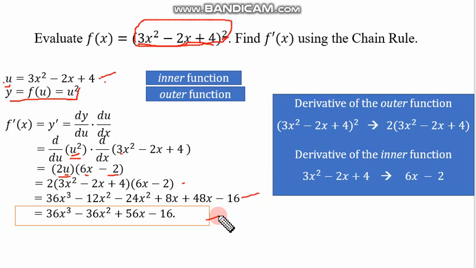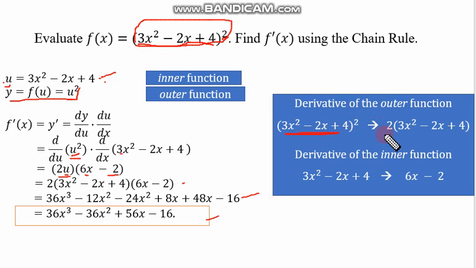Okay, so take note of these. When we say the derivative of the outer function, in this example the quantity 3x squared minus 2x plus 4, squared, we literally just get the derivative of the outer one. We will not change anything in the inner side.